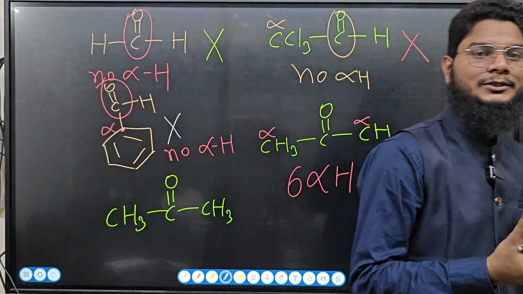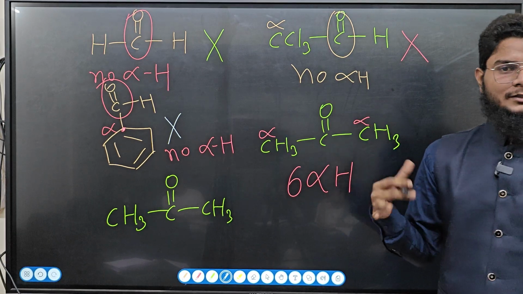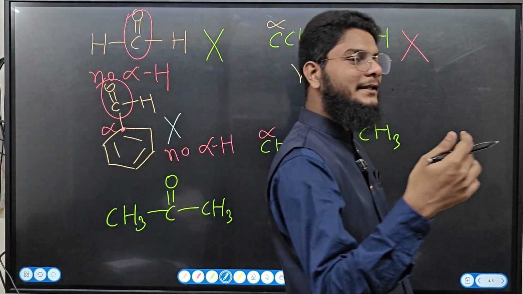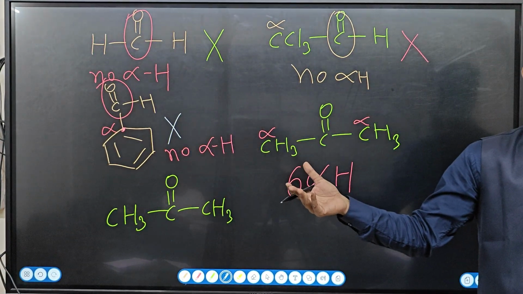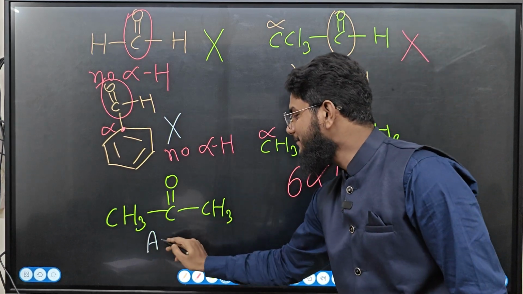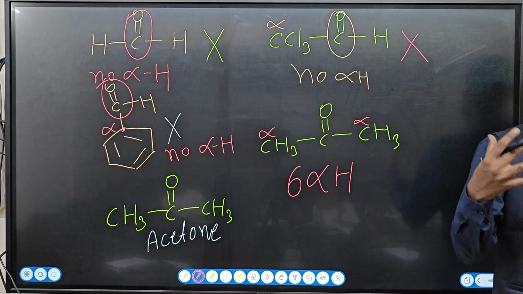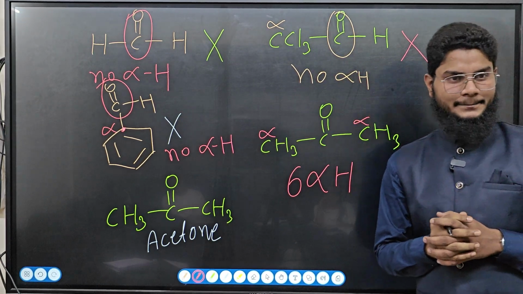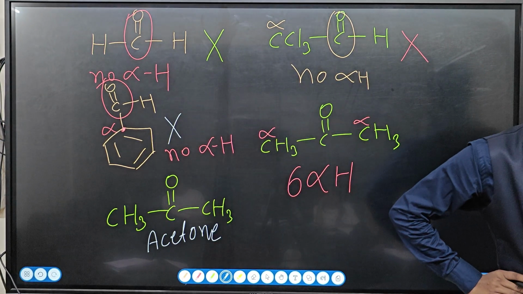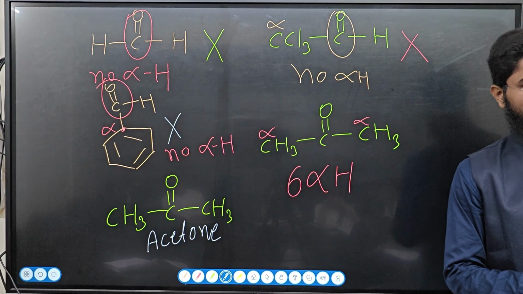In Hindi, you can say: don't talk to me in CH3COCH3, meaning don't talk to me in this acetone. It's very funny and amazing. Now you can say to your friend, don't talk to me in CH3COCH3.